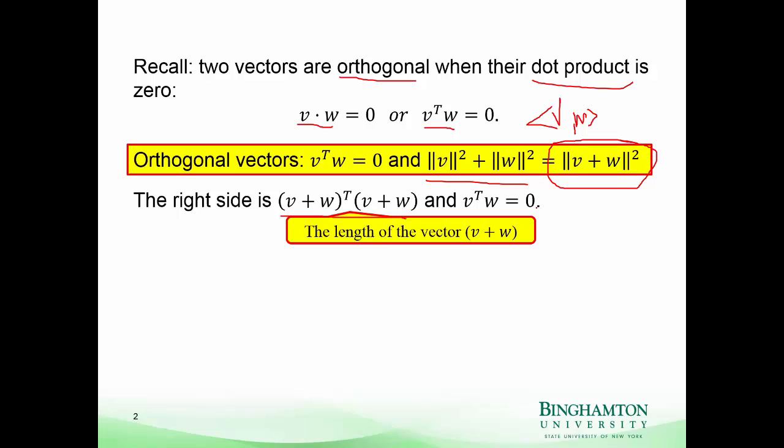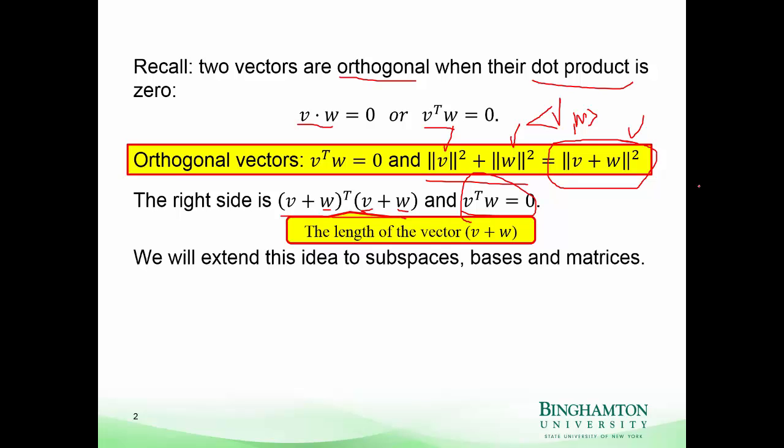That's the length of vector v plus w, and if you expand this out, you'll get v transpose times v, and you'll get w transpose times w. That's these two terms. And then the cross terms will all go to 0. There will be two cross terms. Those will go to 0 because of orthogonality, and you will be able to establish this result. So that's a nice extra little side result there for orthogonal vectors.